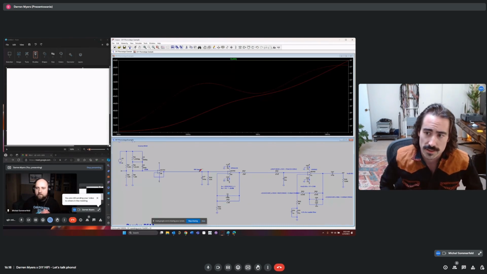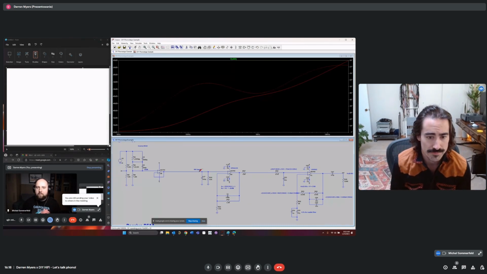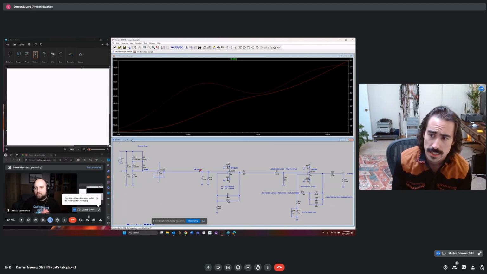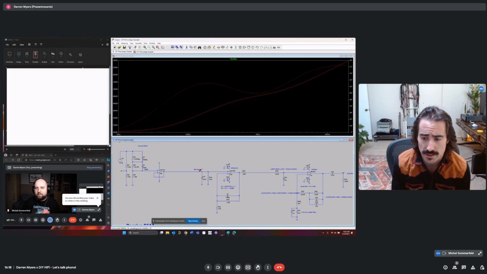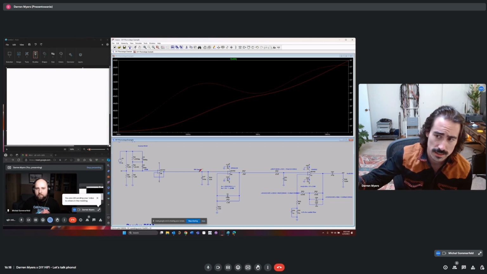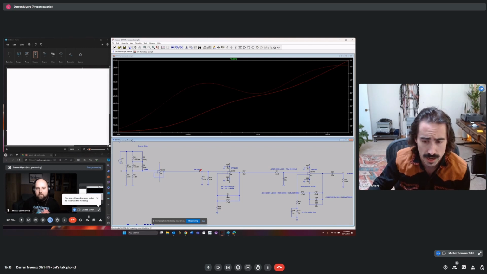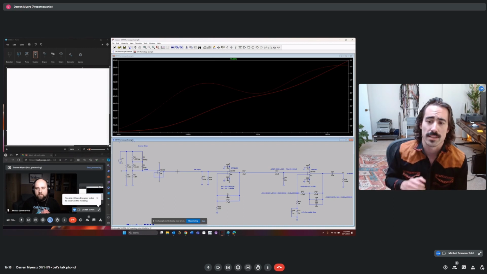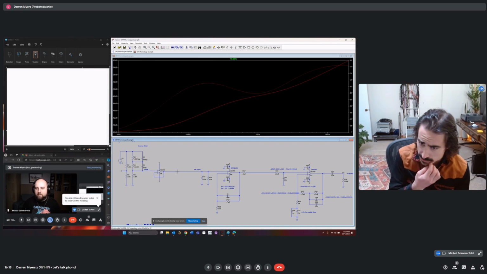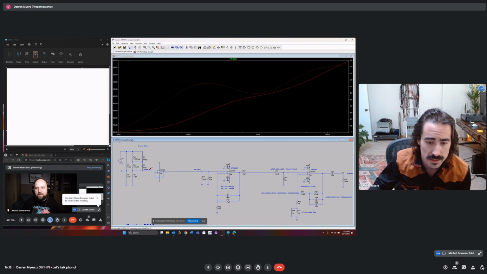This curve was specified by the RIAA, and it comprises 3 time constants to create this profile.